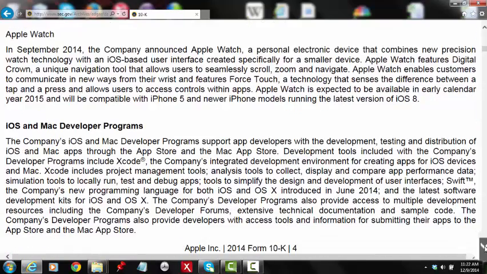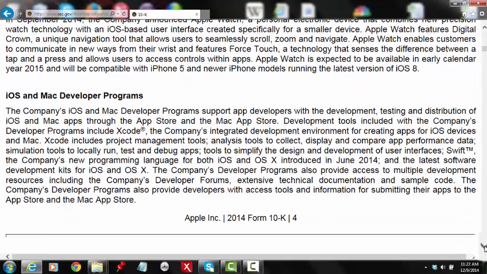Then one very important piece of Apple's ecosystem is its developers. They are really dedicated, because the developers are the ones who create all the apps that are sold in the Apple Store. That is important, and here they explain how they support developers with development, testing, and distribution.